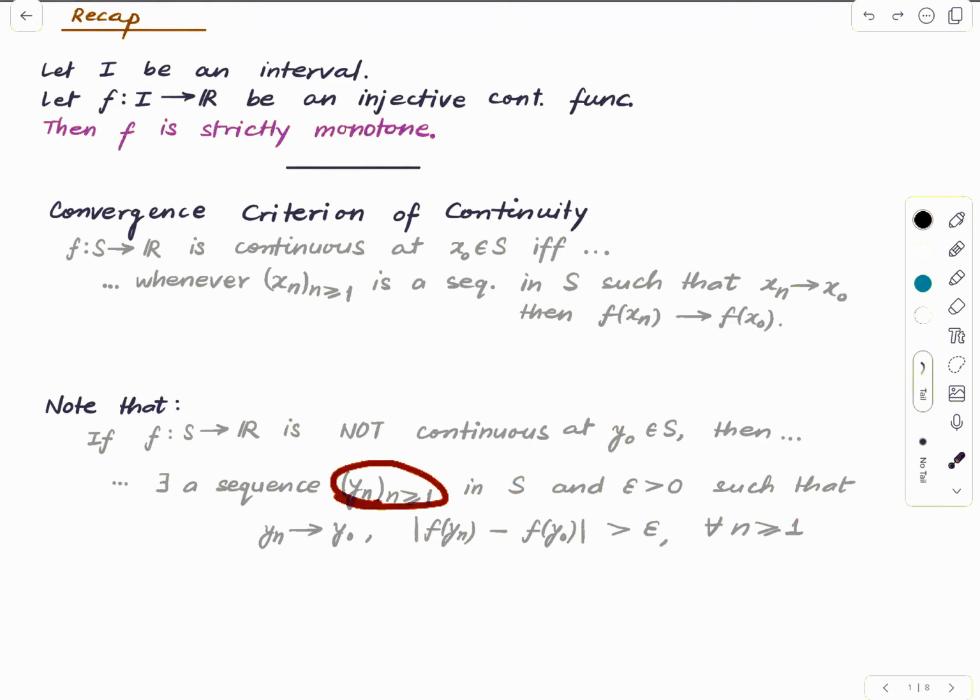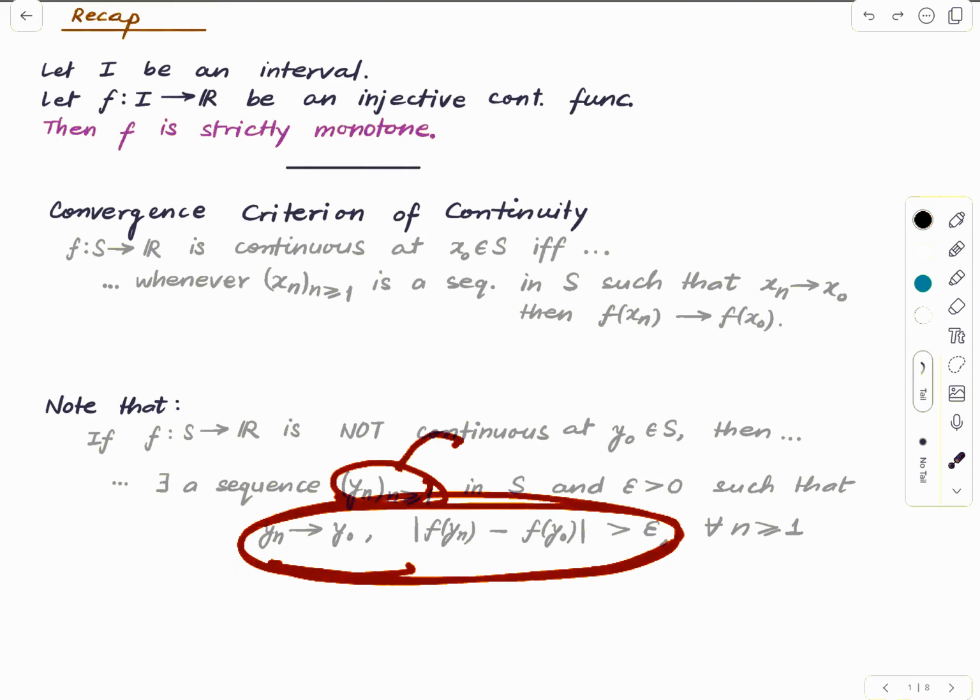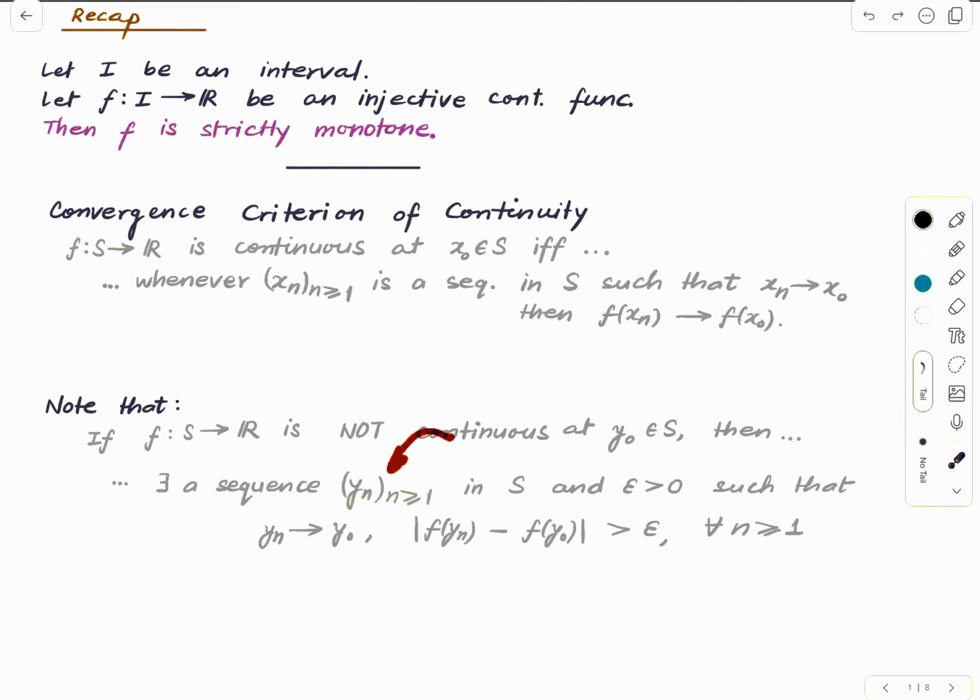Once you found a sequence where this thing happens frequently, you can extract a subsequence of y n where this thing happens always, and that subsequence will satisfy this. So please note that this is a very simple fact, but we will use it, and you should stay on it. If it is not clear, then you should stay on it.